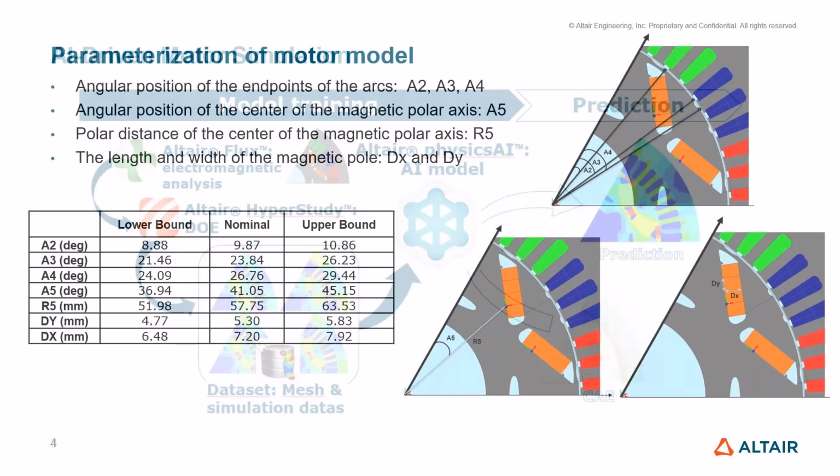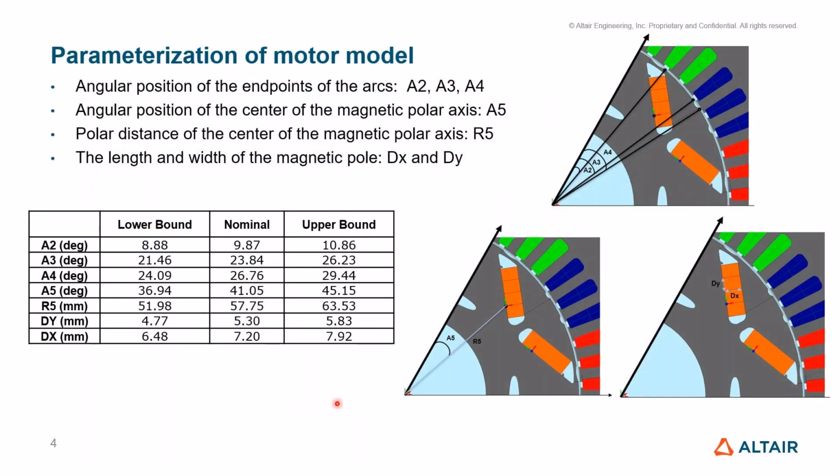Now moving on to the case study. For the first one, we only considered the dimensions of the rotor. I mean, inside the rotor, as you see, the end points of the arcs, which are denoted by A2, A3, and A4, and then the angular position of the center of the magnetic polar axis, and the polar distance of the center of the magnetic polar axis, and also the dimensions of the magnet so that we can consider the goal of minimizing the magnet size.